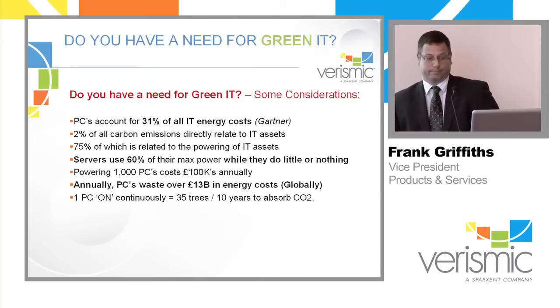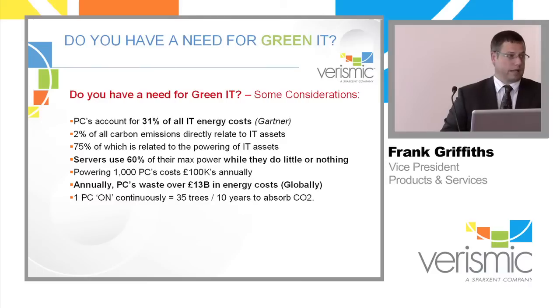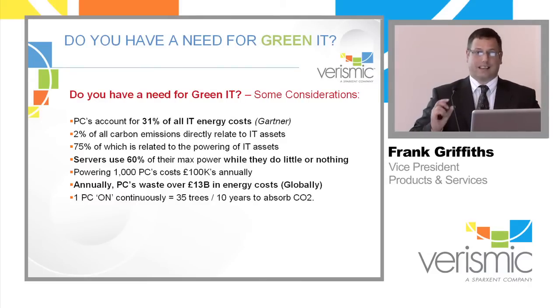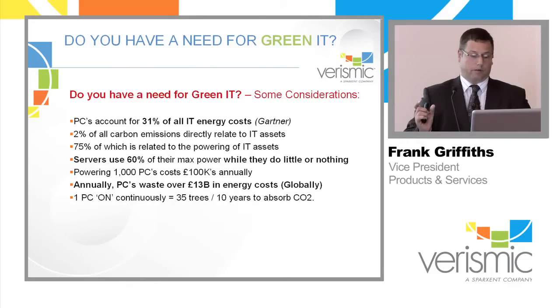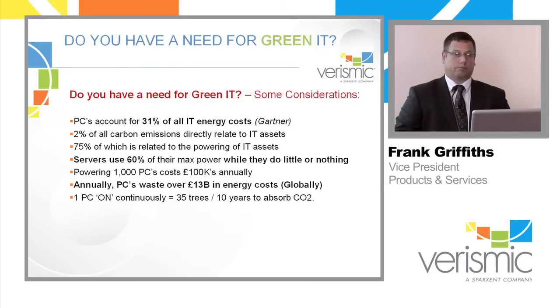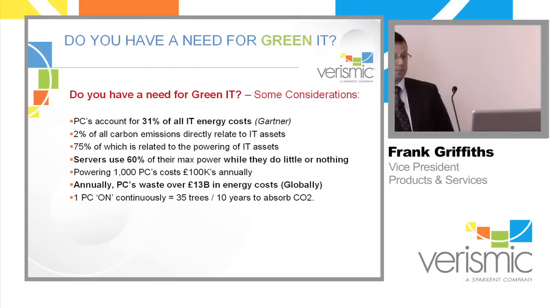And that's huge. 3/4 of that 2% is related to powering of IT assets. So that's the bit that we're after. That's the bit that we're trying to optimise. Okay? Servers use 60% of their maximum power while they do pretty much nothing. Just be available.